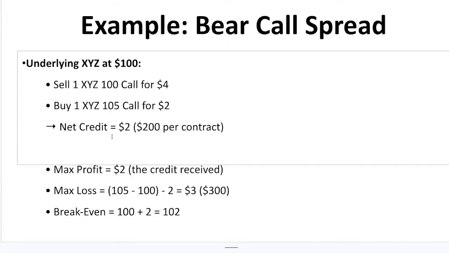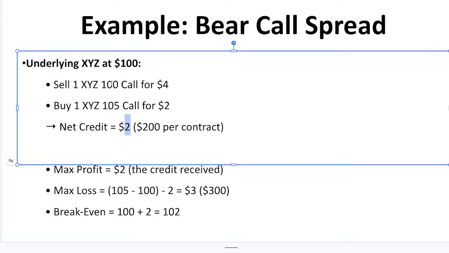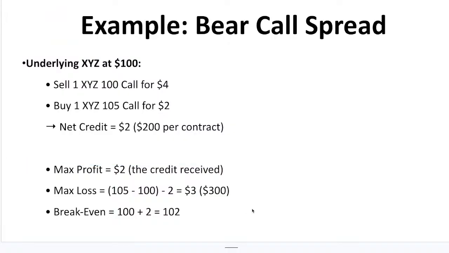So maximum profit is $2 because you collect the $2, and maximum loss is $3, because the spread from 100 to 105 is $5, minus away your credit collected of $2. That is the maximum you can lose for this trade. So your break even is 102, and anything above 102 you start to lose money. Anything below $100 you make the full $2.